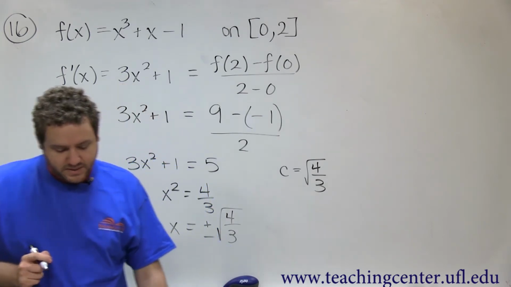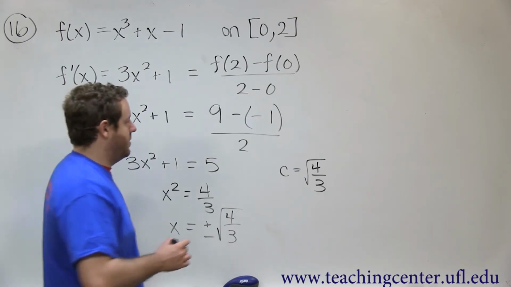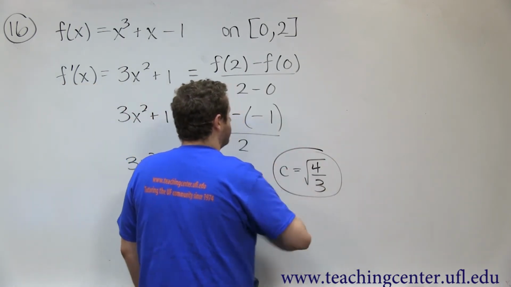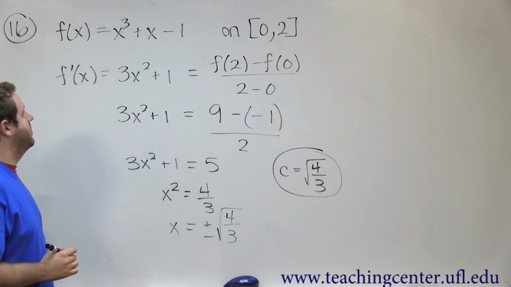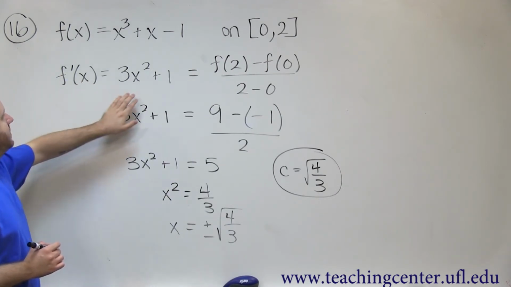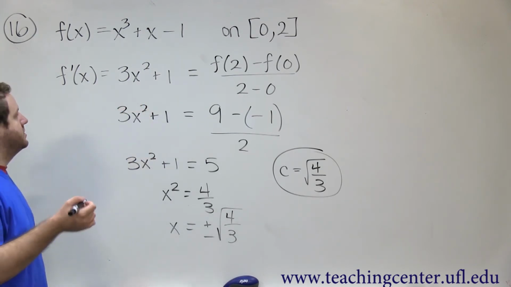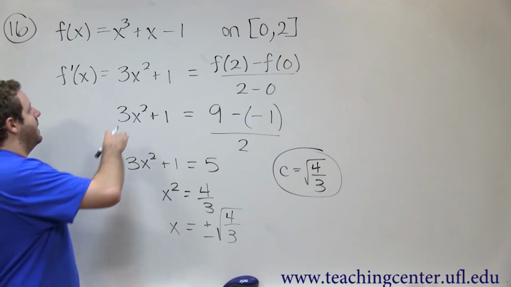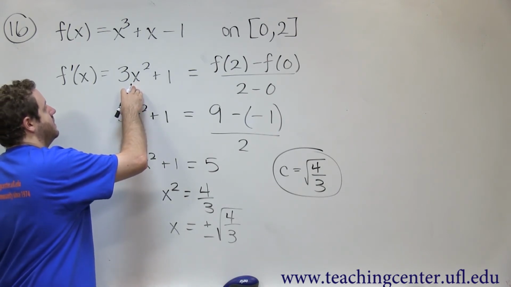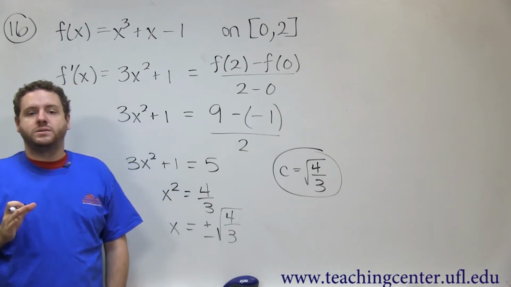So then part B to this says, use information about the derivative to show that it only has one real root. Okay, so what we're going to do then is look at our derivative here and notice that our derivative is 3x squared plus 1. So what that tells us is no matter what we plug in for x, this derivative is always going to be positive.